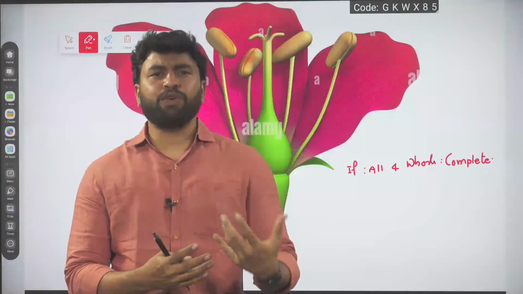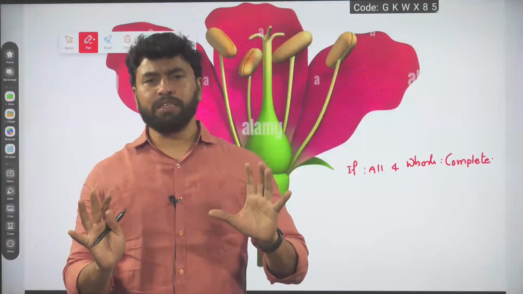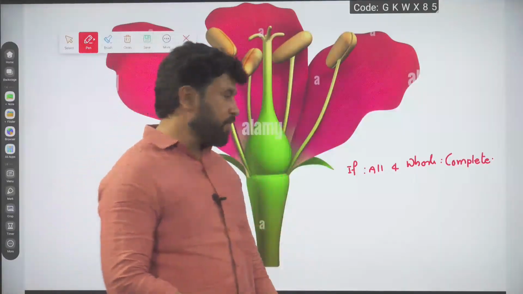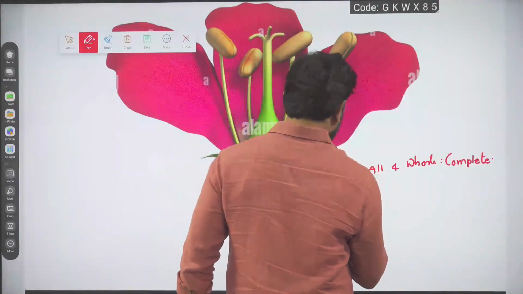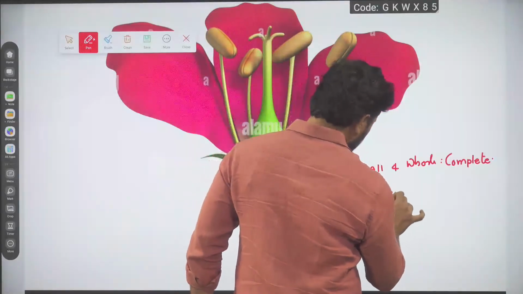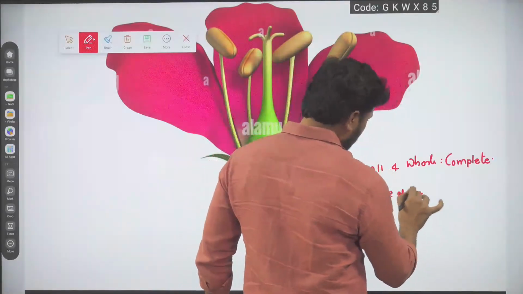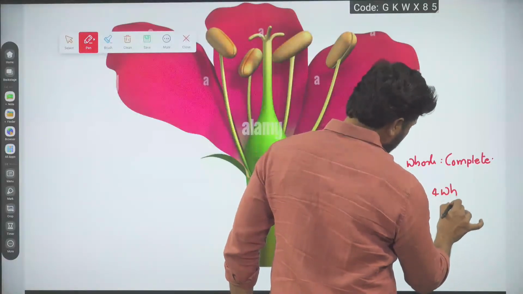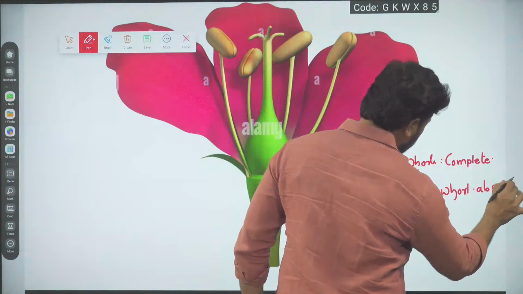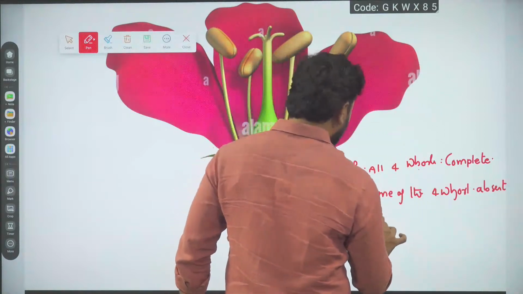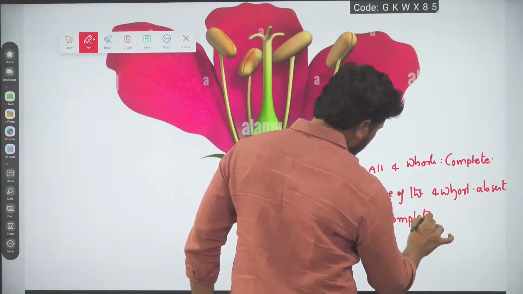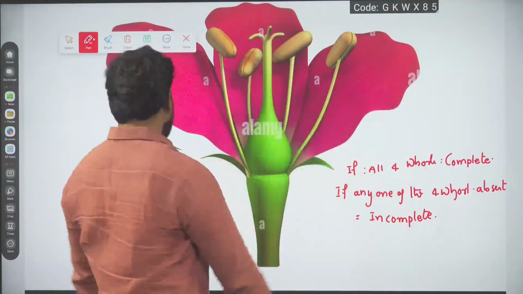It doesn't matter which one is missing; if any one of the four whorls is absent, we call it an incomplete flower.